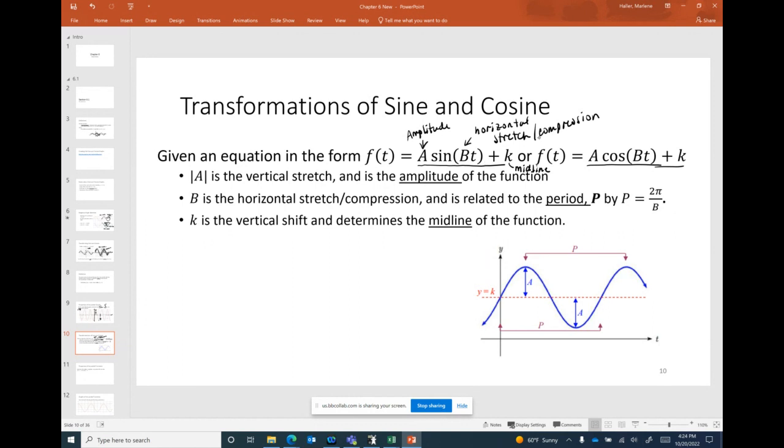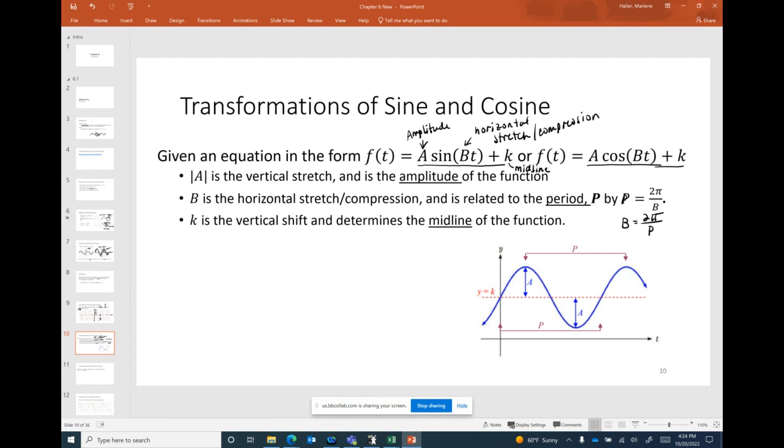It is our horizontal stretch or compression. It's related to the period, right? The period is equal to 2 pi over b. So if we know the period, we can always find b, because b is equal to 2 pi divided by the period.